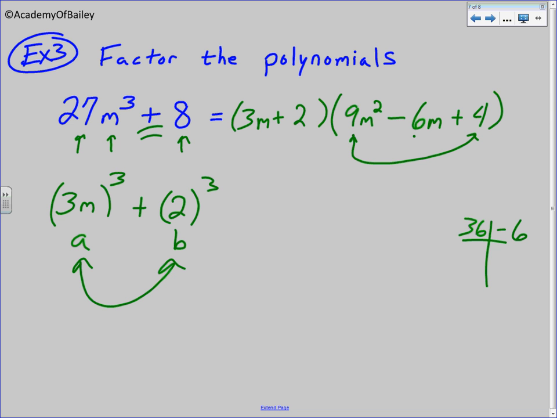Can we find two numbers that multiply to give us positive 36 that add up to give us negative 6? Don't think that's going to happen.